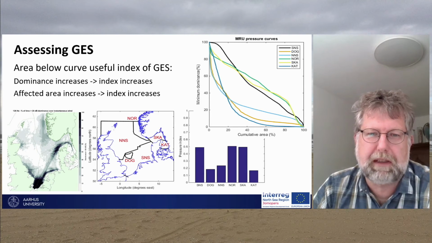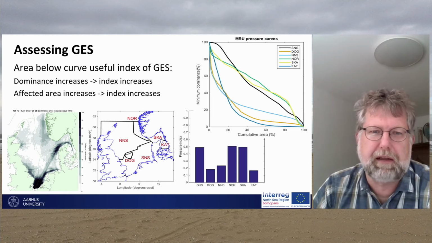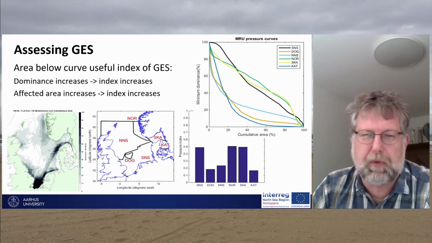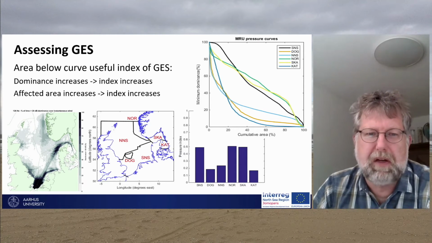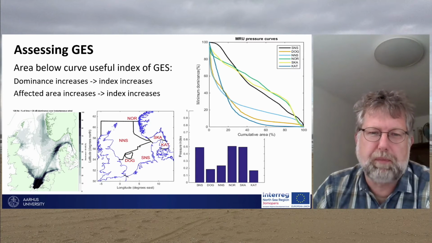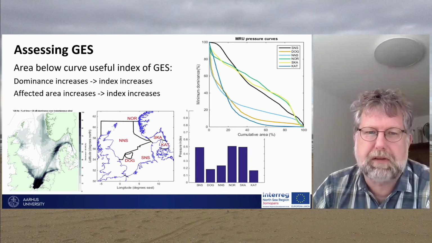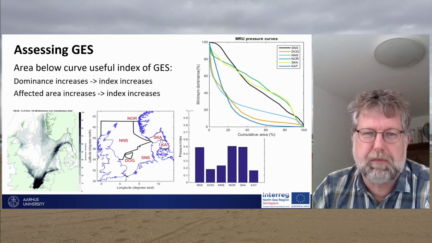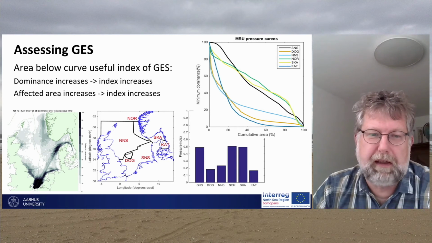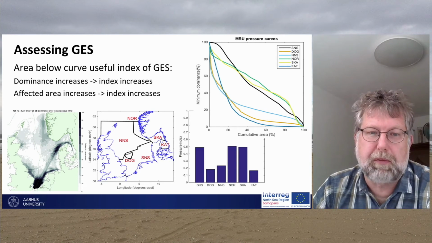We can do that if we know something about where the animals are and whether there are certain areas where they are more sensitive to noise than others, and then we can perform a weighting of this curve and factor this knowledge into the equations. Right now, we're simply assuming that the animals are evenly distributed everywhere and they are equally sensitive everywhere.